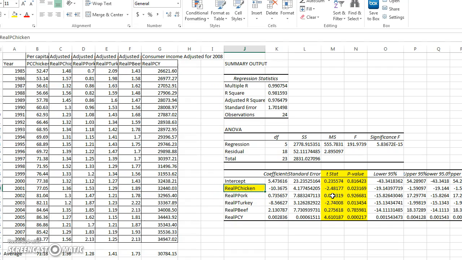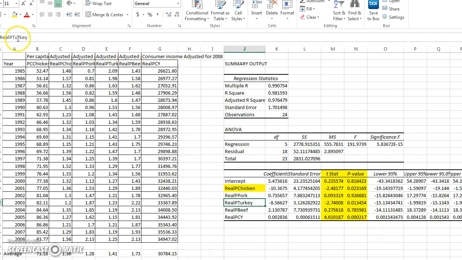So let's look at the real price of pork. We have a very small t-value and a high p-value, which means this real price of pork is not significant. This real price of turkey, when we take the absolute value, is above 2, and the p-value is less than 10%.